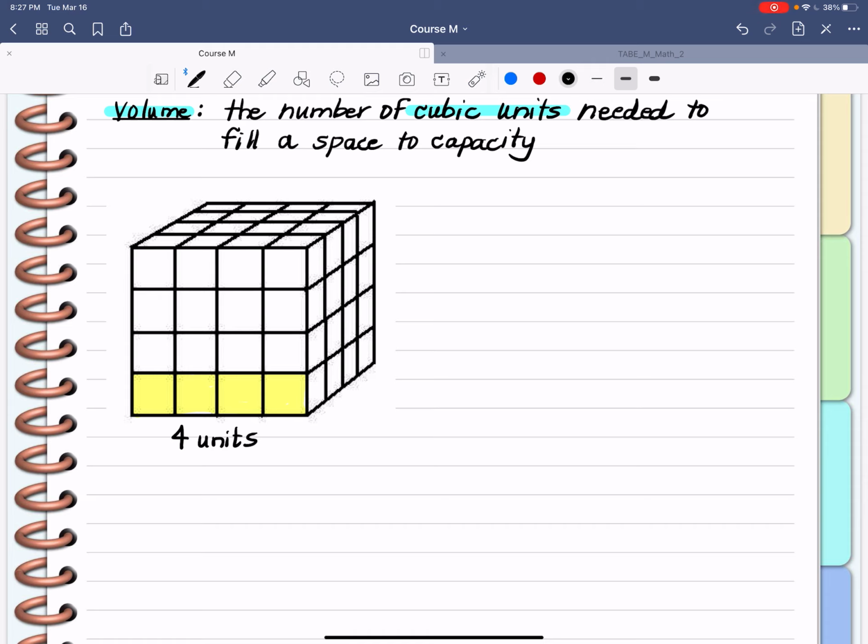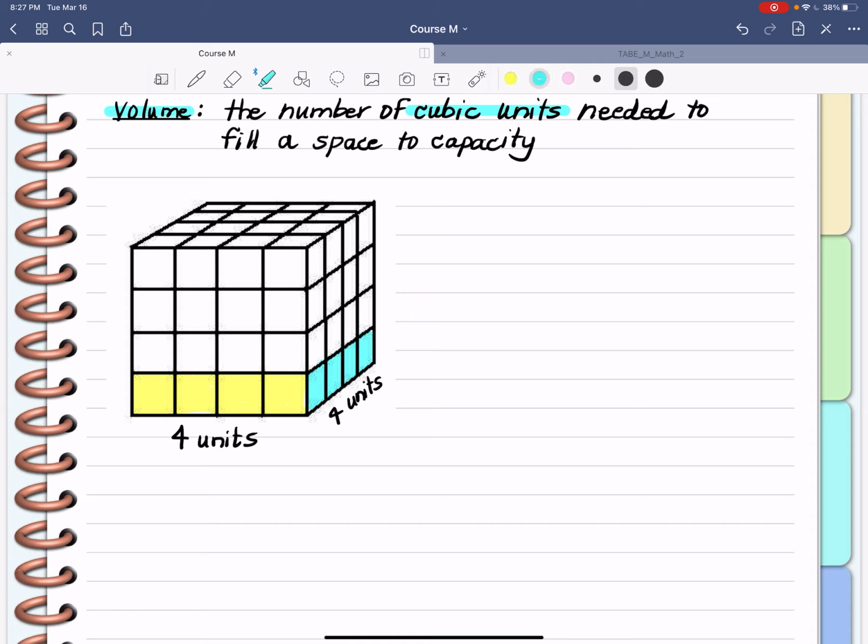It's 4 units long. It is 3 units wide. Nope, be careful. You have to actually count those. It's 4 units wide. It's not necessarily to scale, so be careful. Make sure you actually count those units.